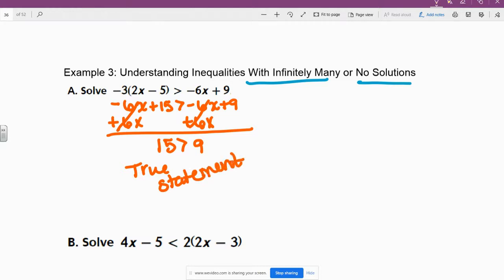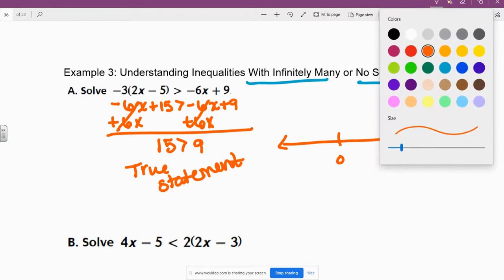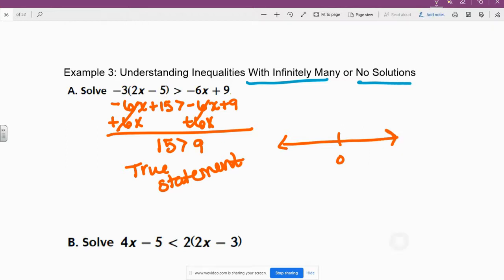So if, when you get done subtracting out those variables with the same coefficient, you end up with a true statement, that means my set, we'll just put 0 here, is any solution, infinitely many, since that's a true statement, anything can be shaded. So this is an infinitely many solution.